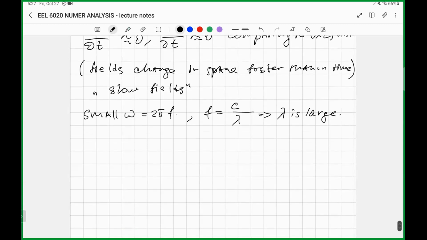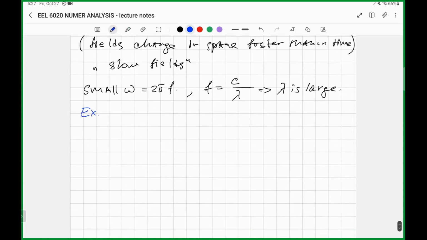For example, take a frequency of 1 megahertz. This is the typical frequency of some electronics. Around 1 megahertz, the wavelength of such a field would be around 300 meters. So the wavelength is very, very large.